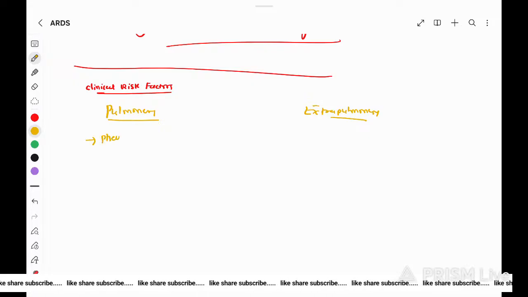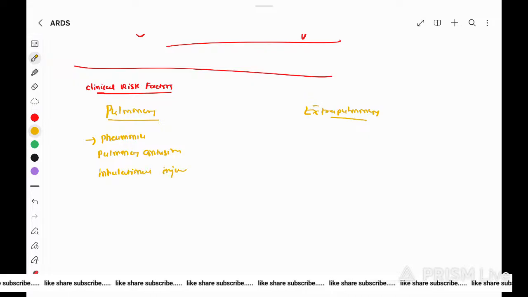First is pneumonia. Then pulmonary contusion. Third is inhalational injury. Fourth is aspiration pneumonia.